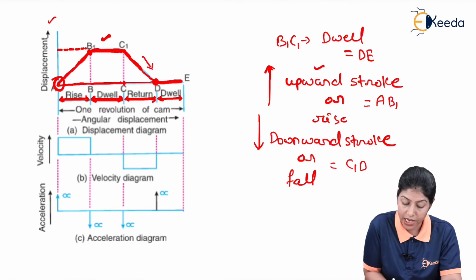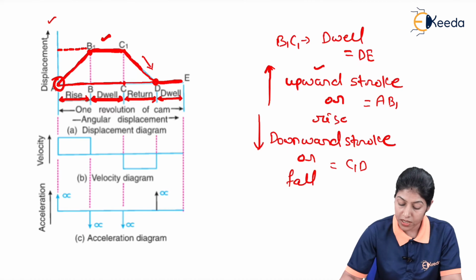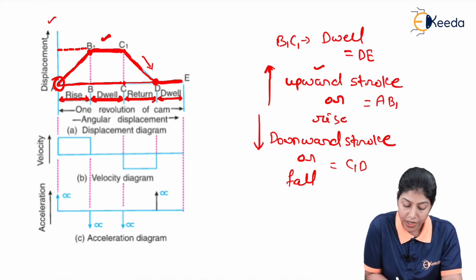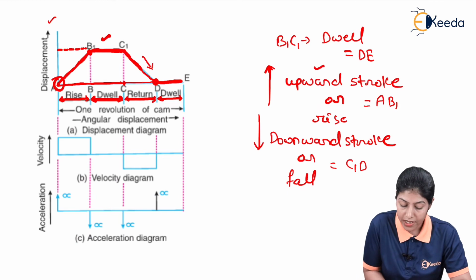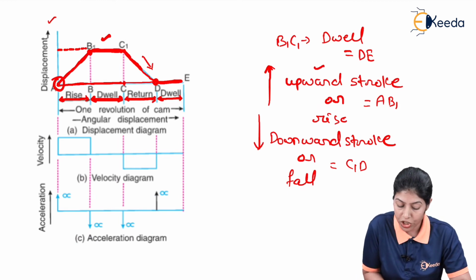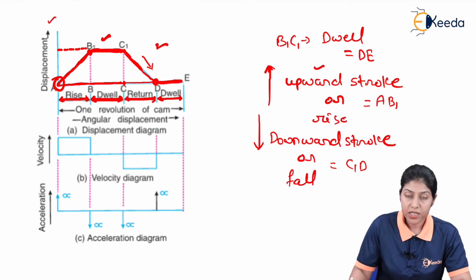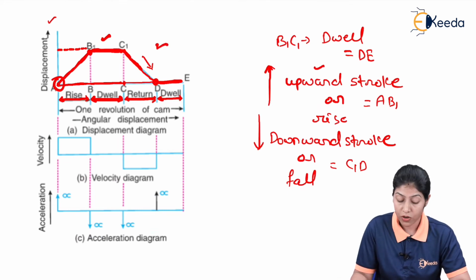It will have rise, dwell, then return, then dwell. First, it will be in stable condition at point A. The follower will have an upward stroke, and again it will be in rest condition because of the shape and rotation of the cam, and after the dwell period, it will move in the downward direction to get the initial position.